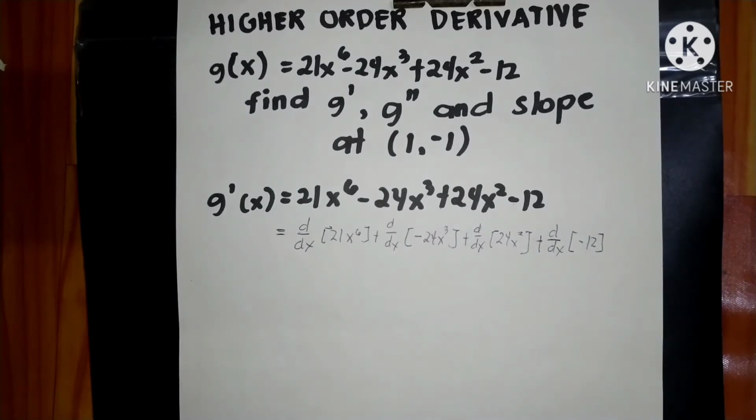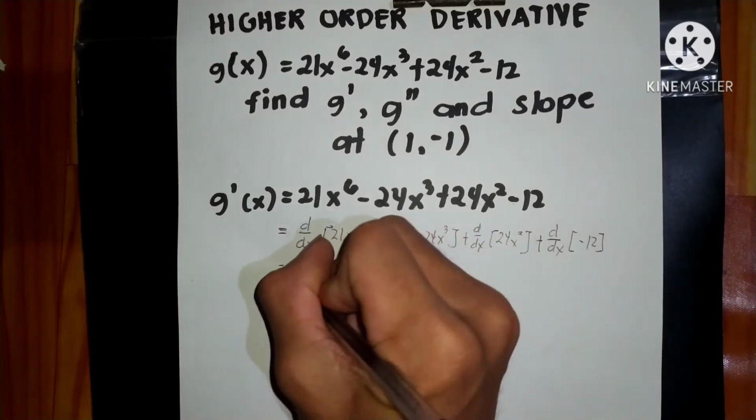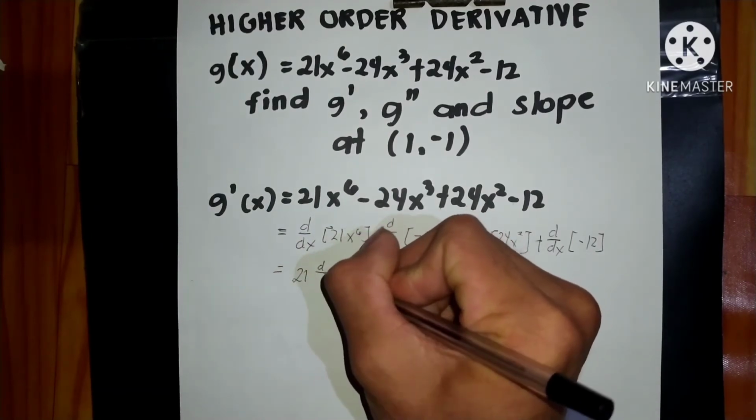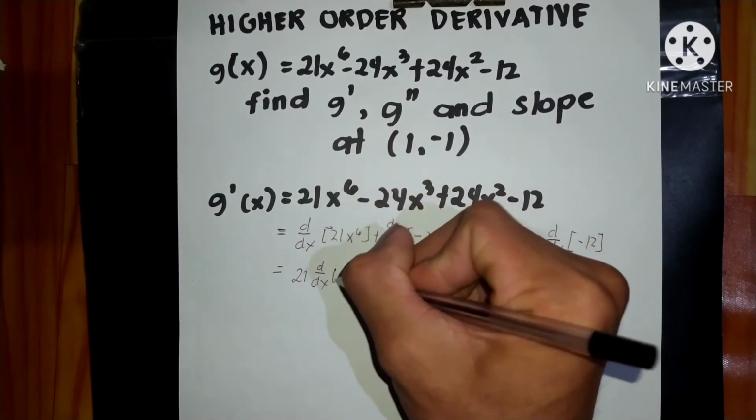So, ang next step natin na gagawin, i-evaluate natin ito. Ang mangyayari, maging 21 d over dx.